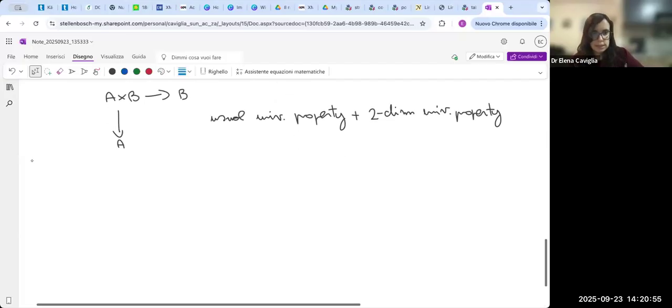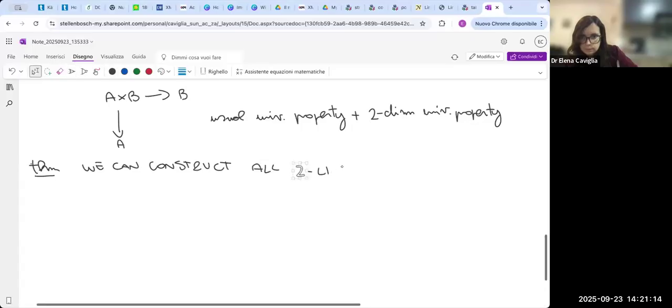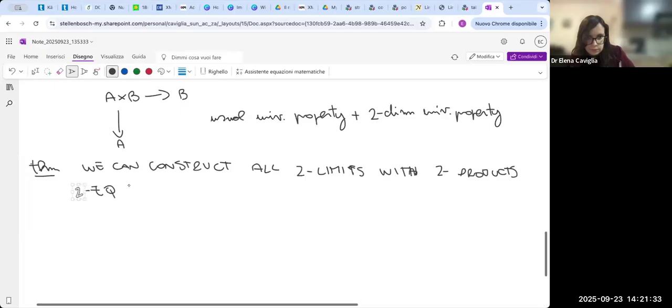But what is true is that we can construct all two limits with two products, two equalizers and powers.